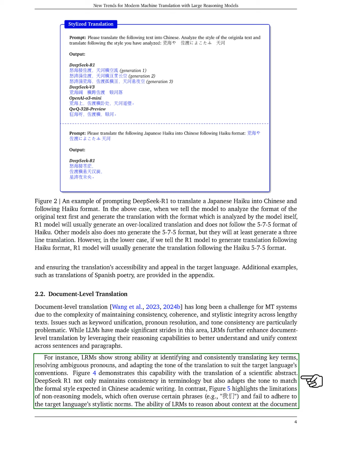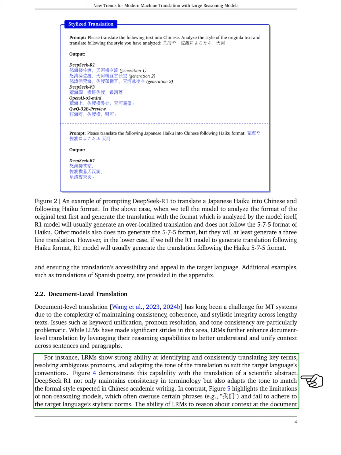For example, LRMs excel at consistently translating key terms, clarifying ambiguous pronouns, and adjusting the tone to fit the conventions of the target language. We illustrate this with a scientific abstract translation, where DeepSeek R1 not only keeps terminology consistent but also matches the formal tone expected in Chinese academic writing.